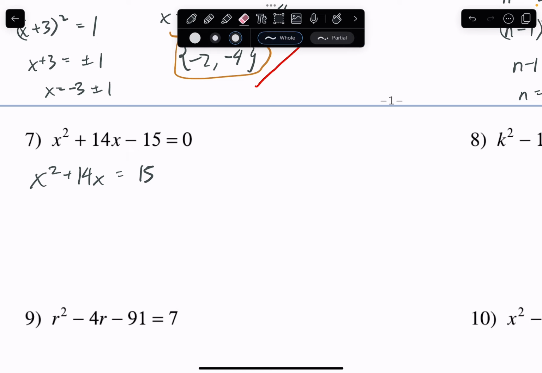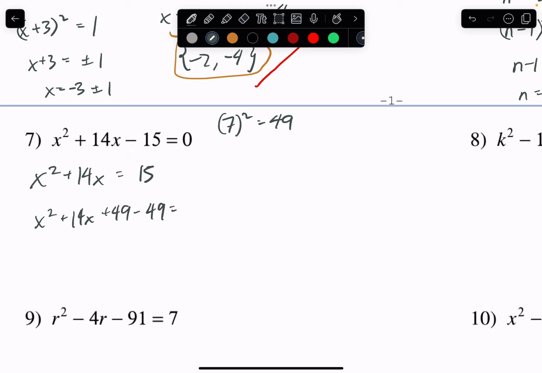Fourteen divided by 2 is 7. And raised to 2, that's going to be 49. $64.